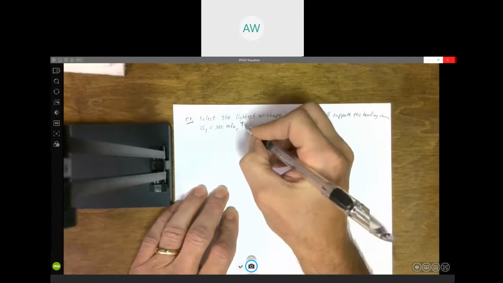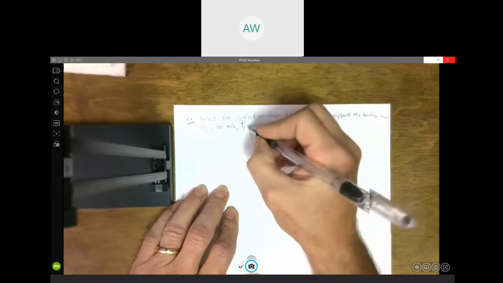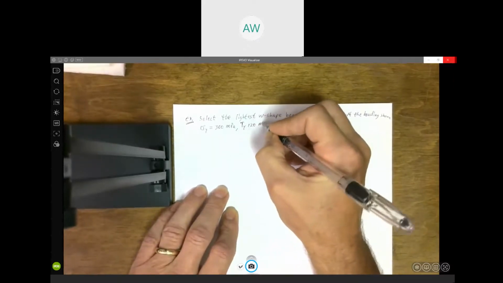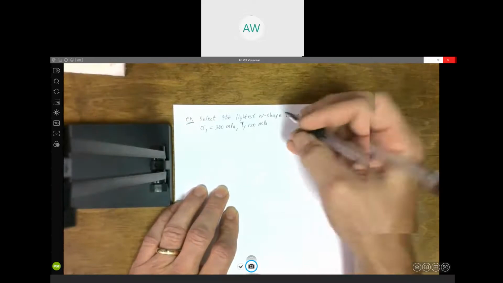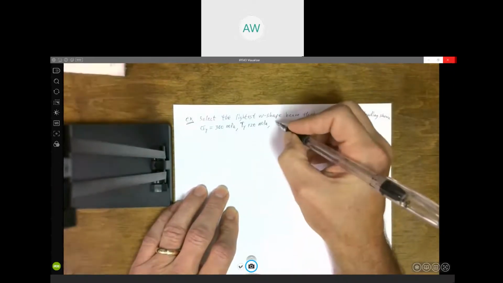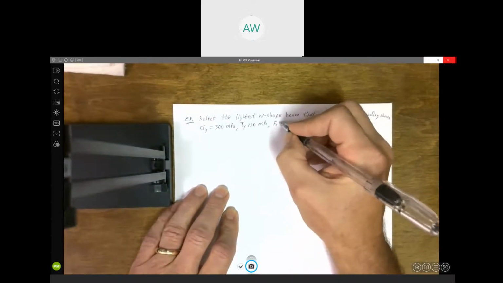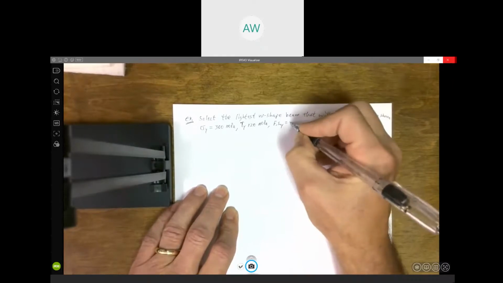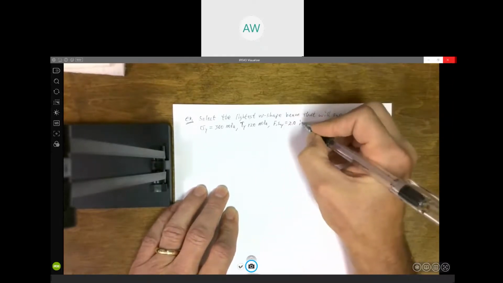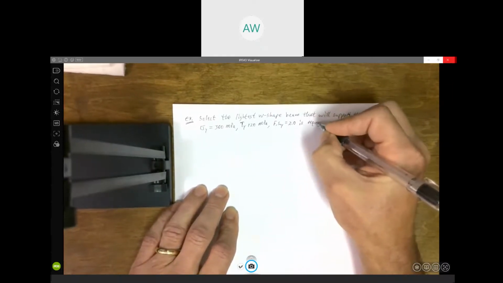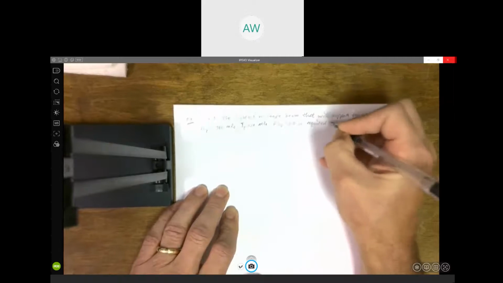The yield stress for shear is 120 megapascals. And we've got a factor of safety on yield, 2.0 is required. All right.